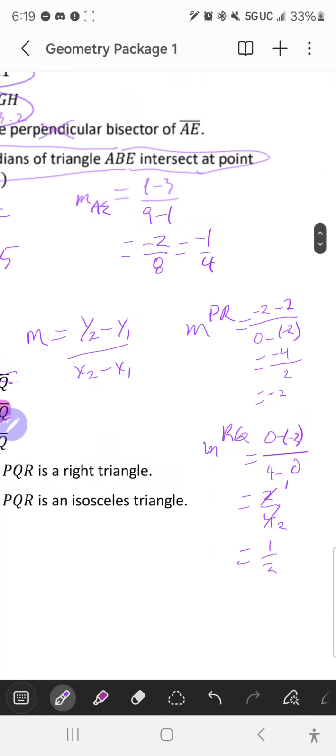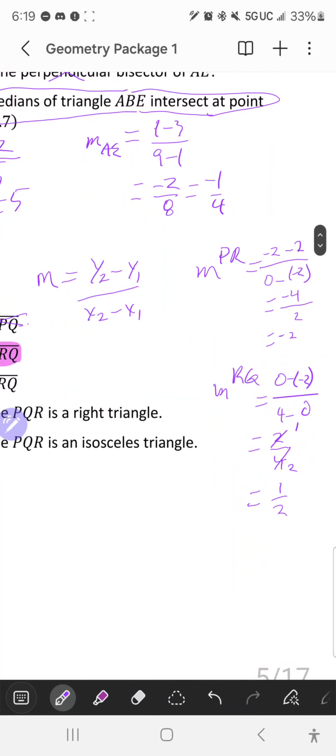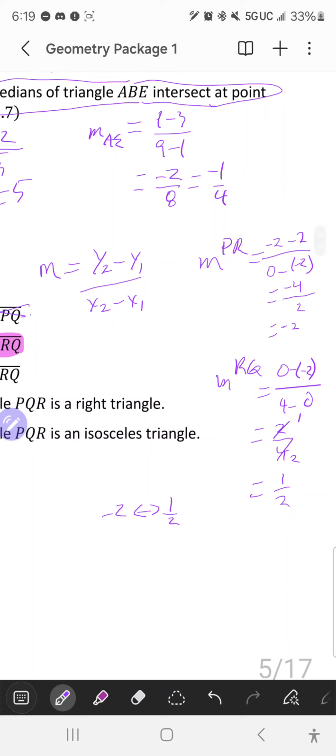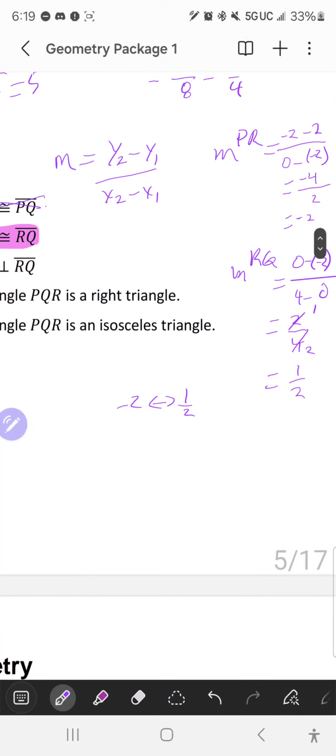As I explained before, you can see that negative 2 is the reciprocal of 1 over 2, since when you divide 1 by the number with the opposite sign, you get 1 over 2.